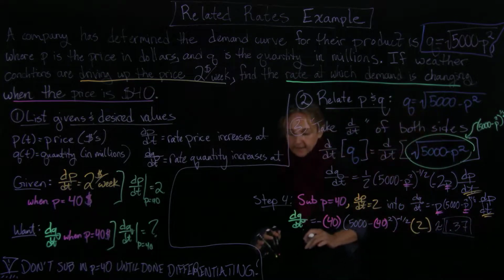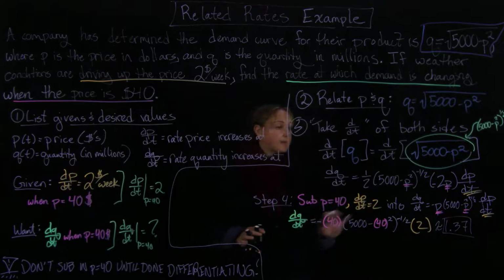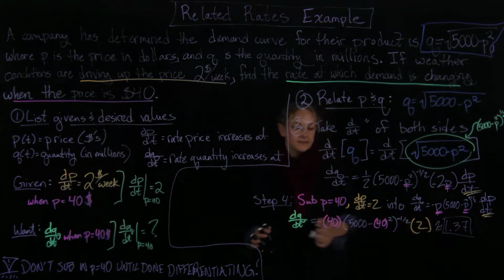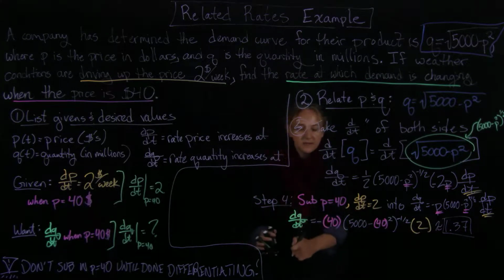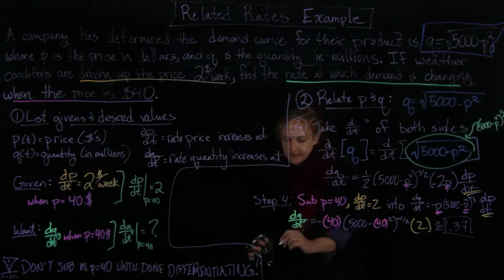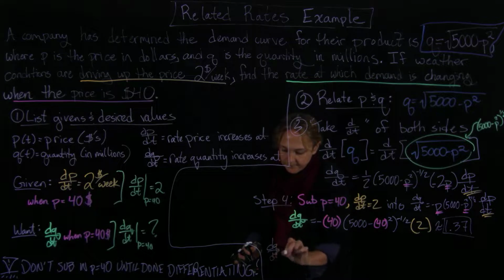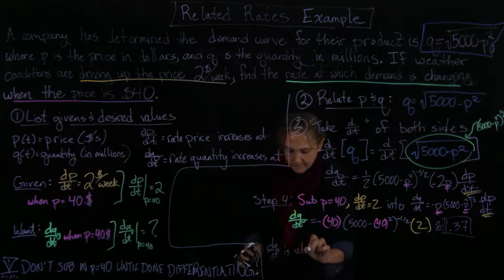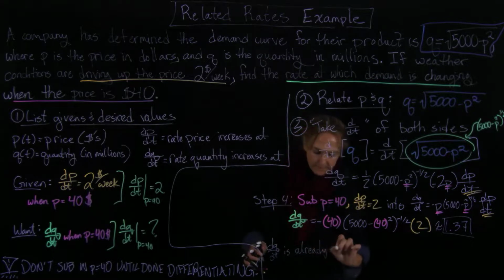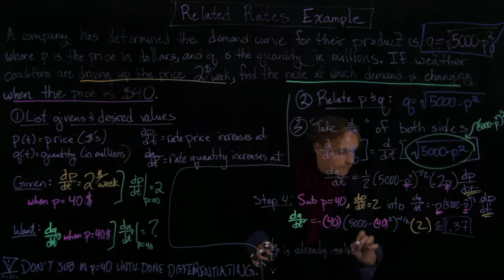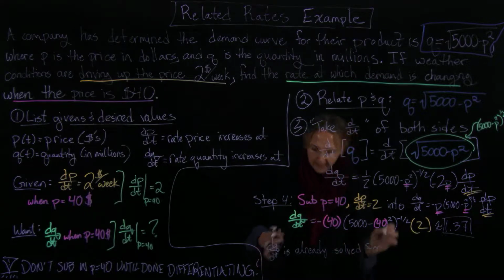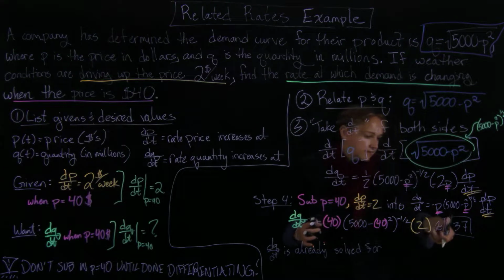Okay, there is a final step, but we don't have to do this because in this circumstance, dq/dt is already solved for. Sometimes you'd actually have to isolate it, but dq/dt is already solved for. Right. Oh, this is minus 1.37.